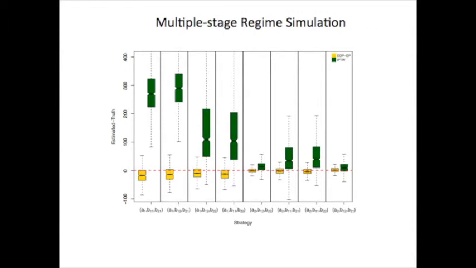Here I use a dotted red line for 0. The yellow color is our results. It's very close to the truth across all 8 strategies, and the green color are the results for the FTW method. We say it has large variabilities and it's more biased than our method.